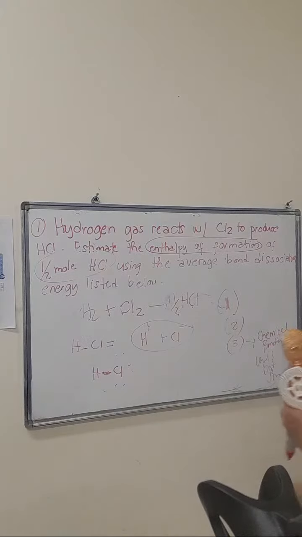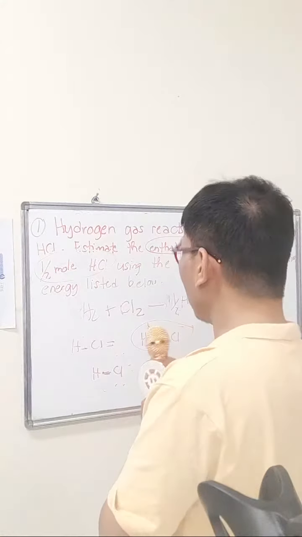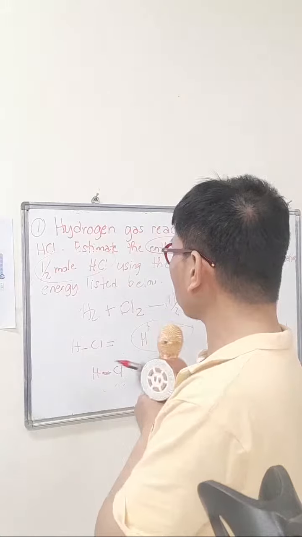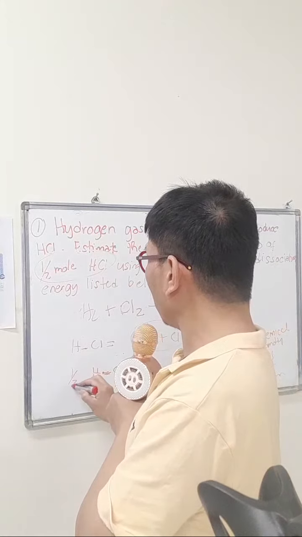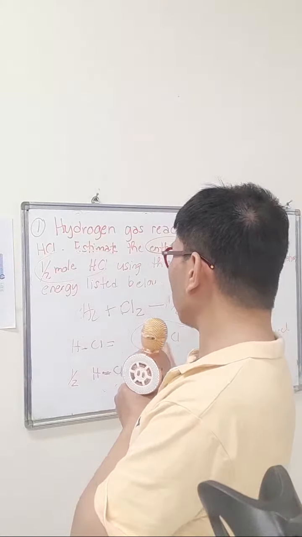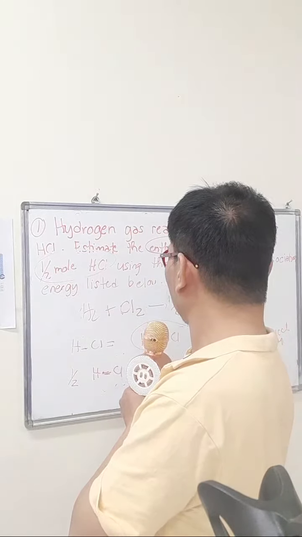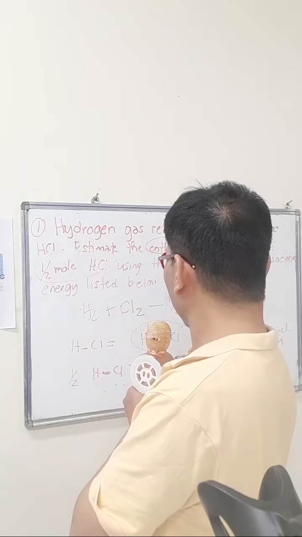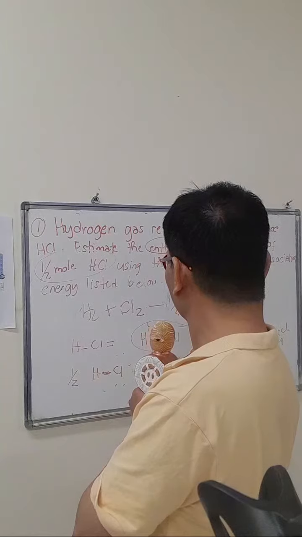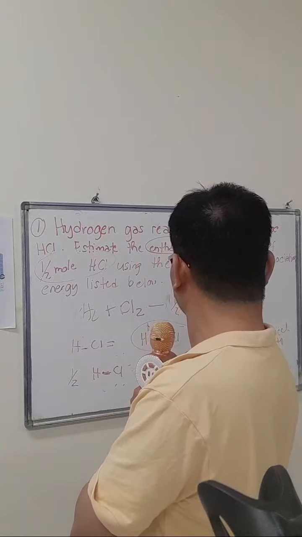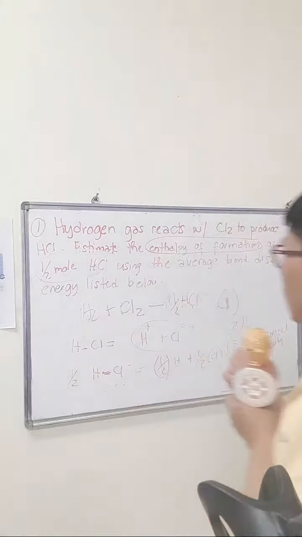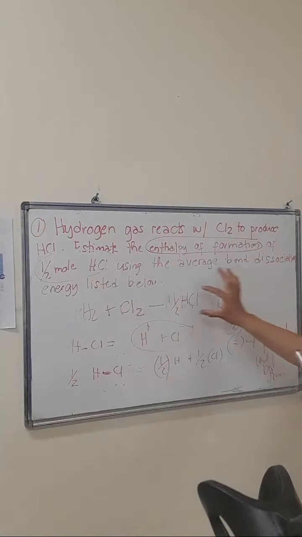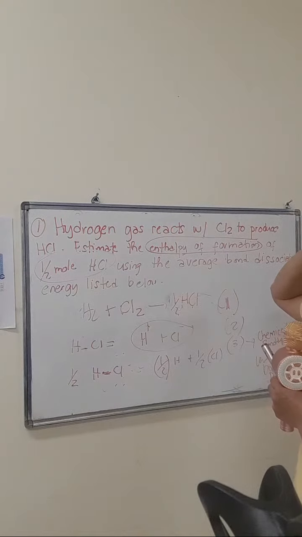So, HCl. Since you have 1/2 HCl, you might say also 1/2 of H and 1/2 of chlorine, right? Because this is tantamount to HCl when you break that bond.